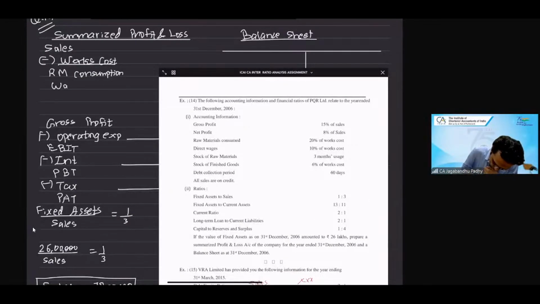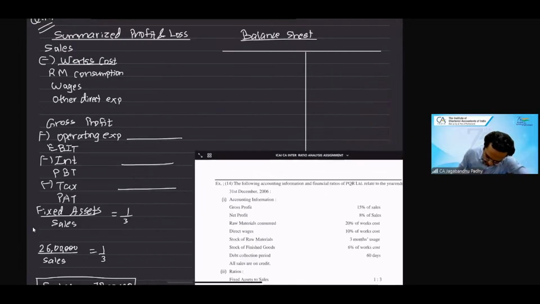So wages, then we will say other direct expenses. Maybe we'll get some sort of balancing figure as other direct expenses.